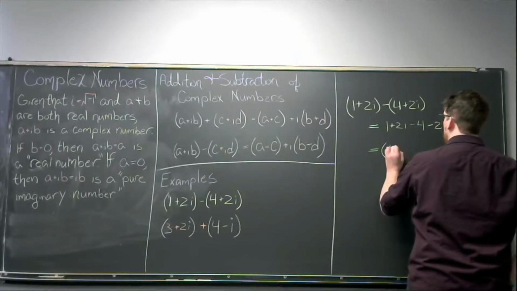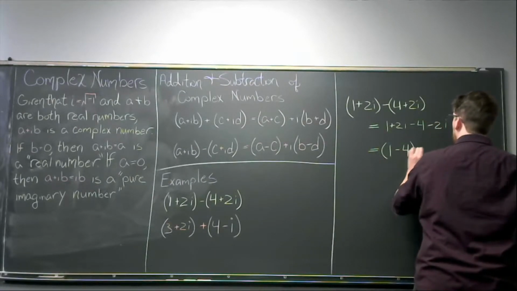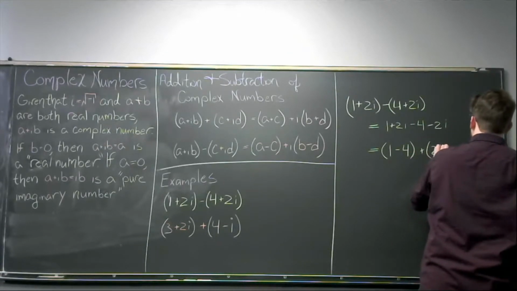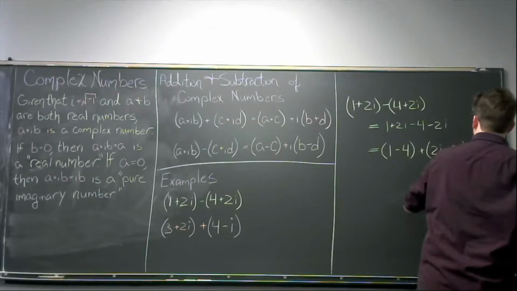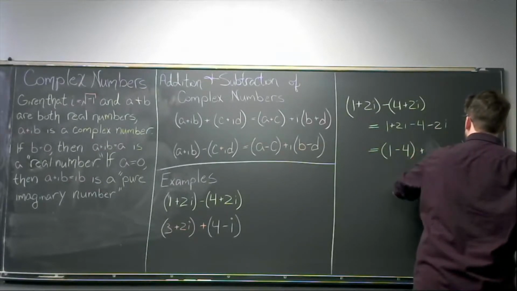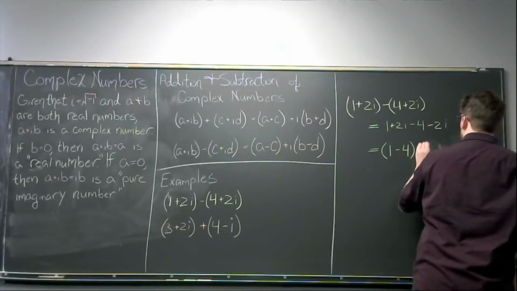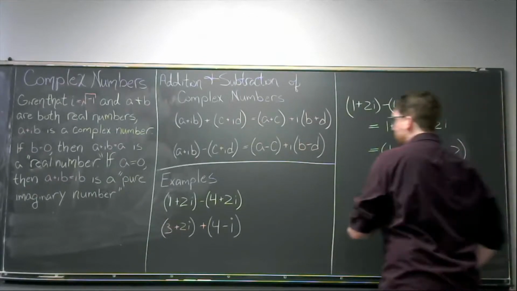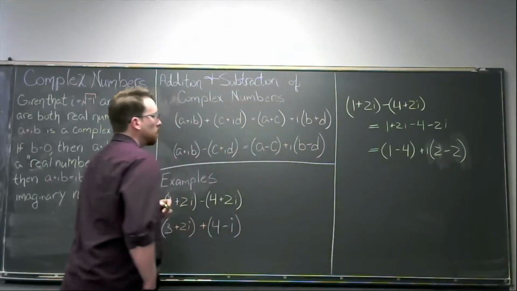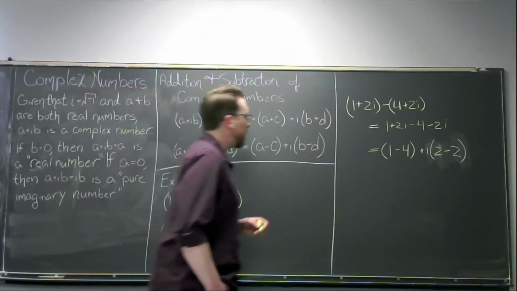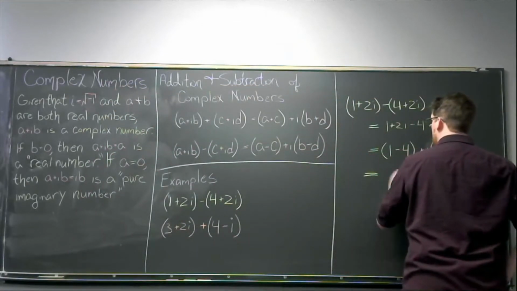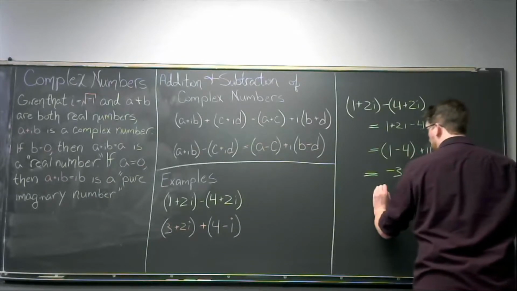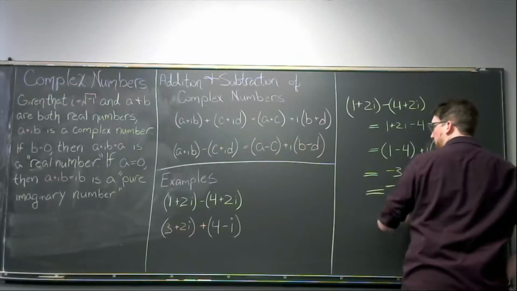So this is going to become 1 minus 4 plus 2i minus 2i, where we can bring that imaginary number i out. So now we're going to have negative 3 plus i times 0, which is just equal to negative 3.